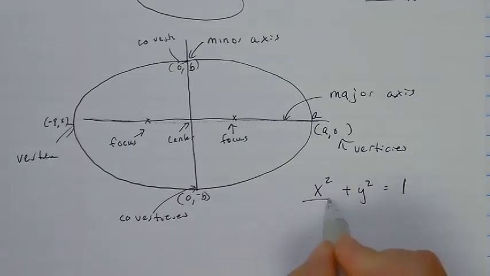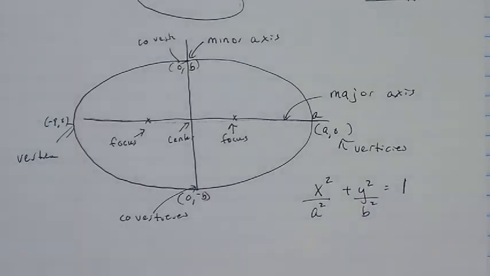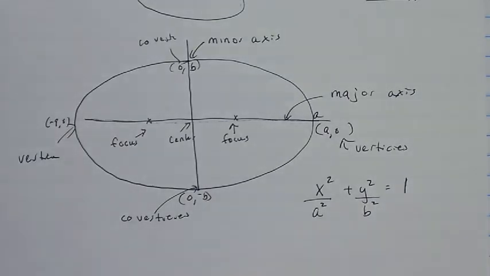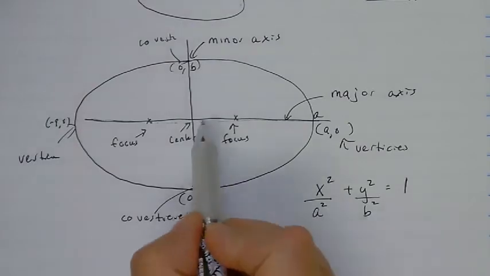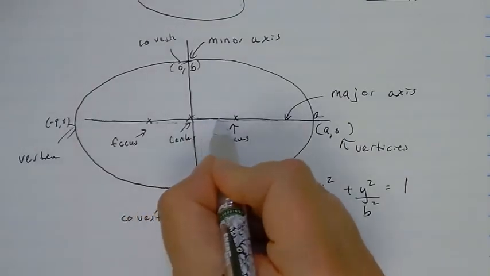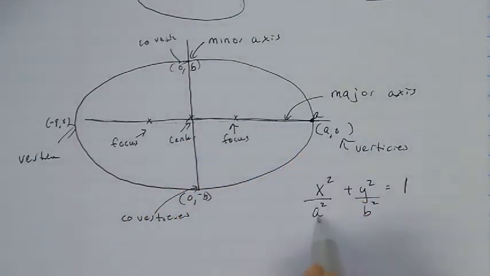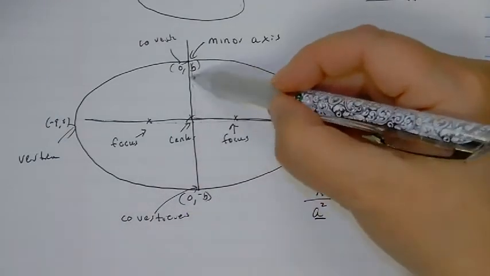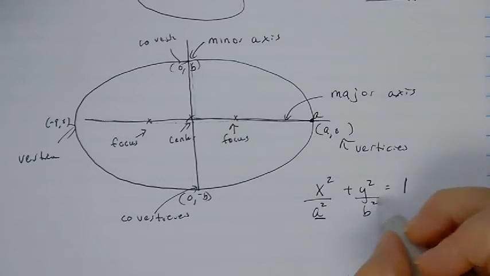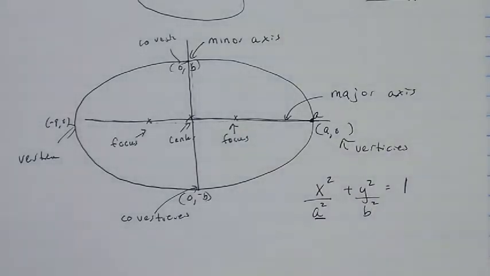So what's underneath the x is either going to be a or b squared. What's underneath the y is going to be whatever squared. And what I mean by whatever is however long it is from the center to this vertice point is going to be underneath the x. When you go in the y direction from the center to the covertice, that's the number that goes underneath the y.